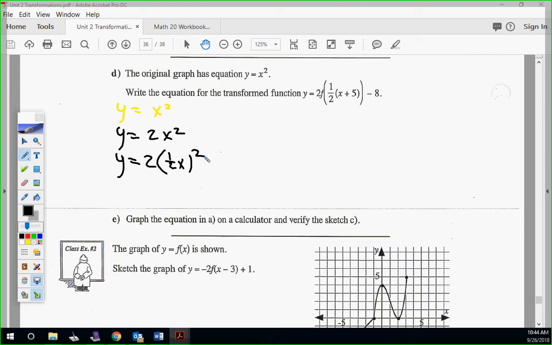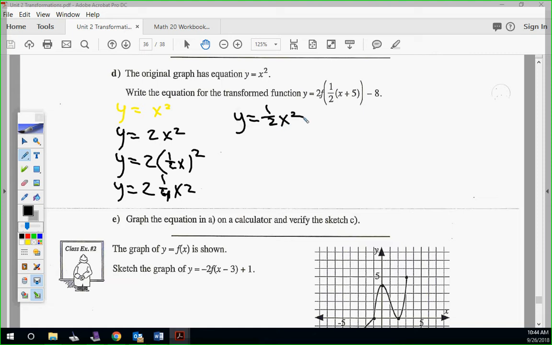So what is 1/2 x squared? Right, so it's going to be 1/4 x squared, which gives us what? 2 times 1/4 is 1/2. And so that's simplified there.